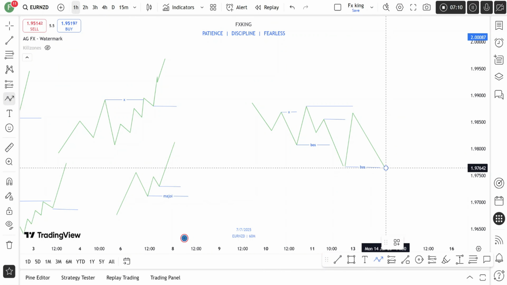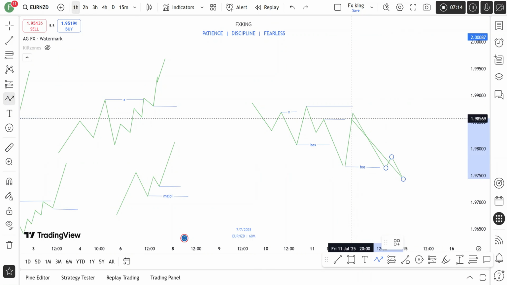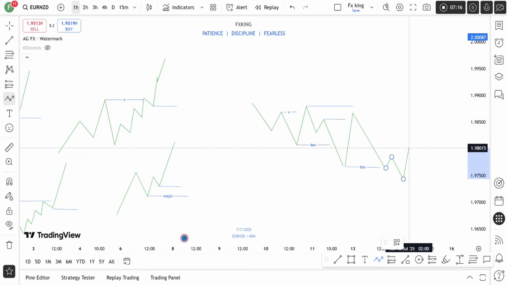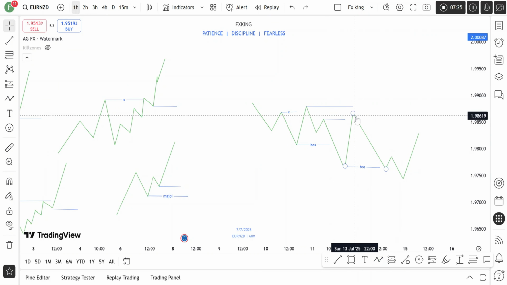Once you have a break of structure, your trading range now normally switches. So now your trading range is from this high to the current market low. So that is why I told you you can use this to validate, to mark the next break of structure.